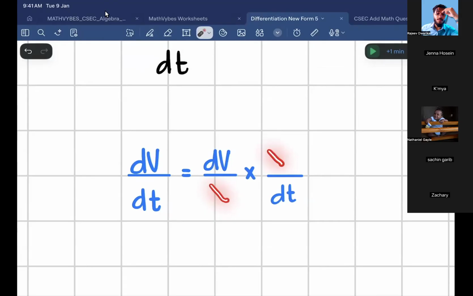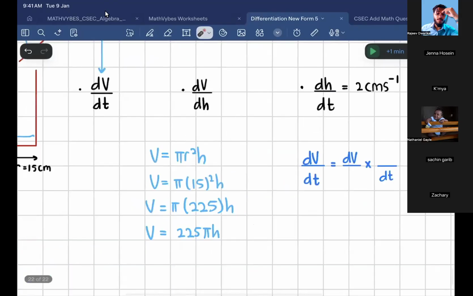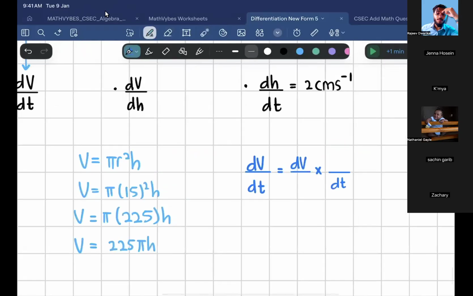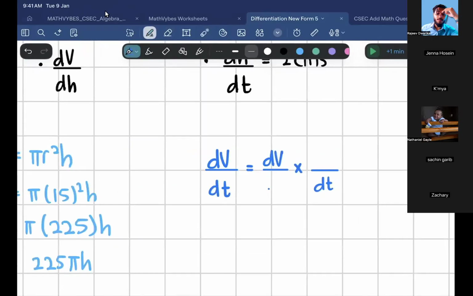Yes, sir. So now we're going to look at the three rates that change. What other parameter do we have? We have volume, we have time. What's the other parameter? Height. Height, yes. So it's going to be dV over what? dH. And it's going to be what over dt? dH over dt.